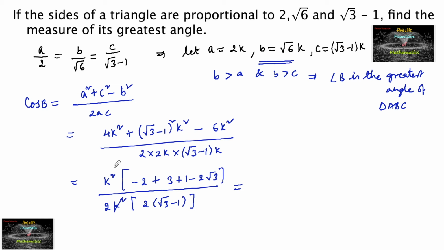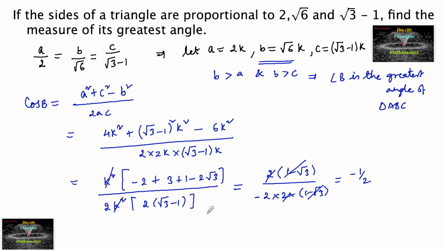So k square and k square get cancelled, 3 plus 1 is 4, 4 minus 2 is 2. If I take 2 common, 1 minus root 3 upon 2 into 2 into, we can take minus common out of 1 minus root 3, so that we can cancel this, and 2 and 2, so we are getting minus 1 upon 2.